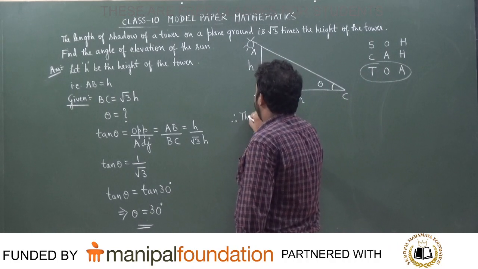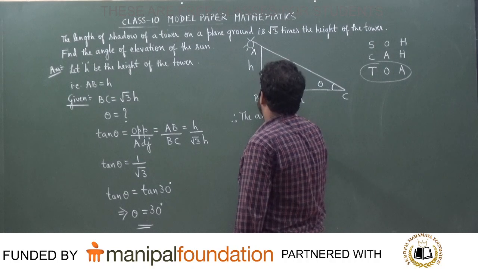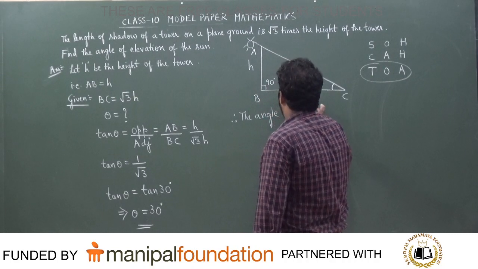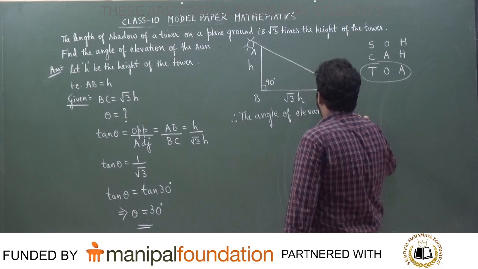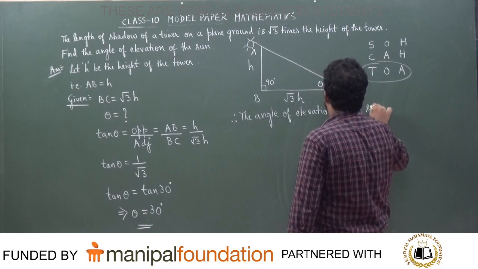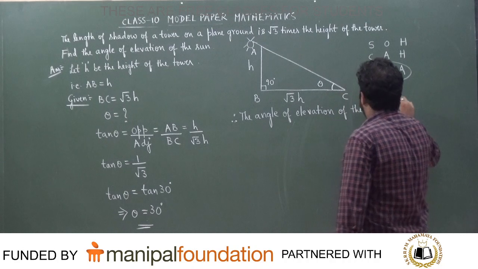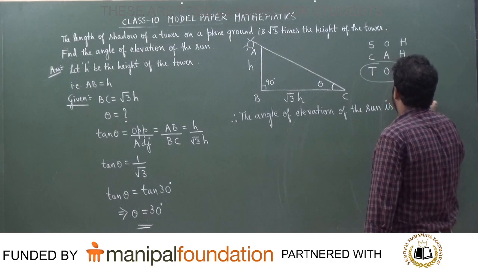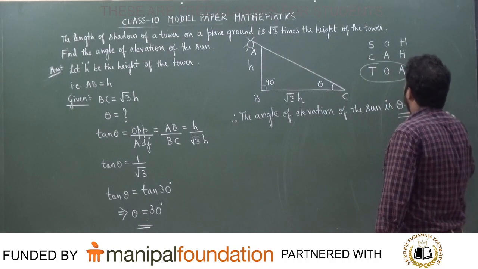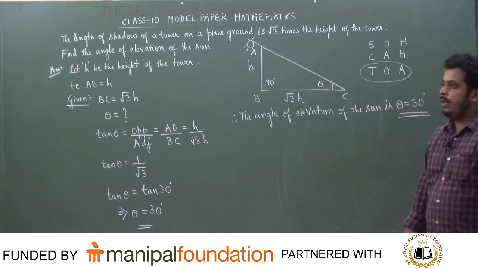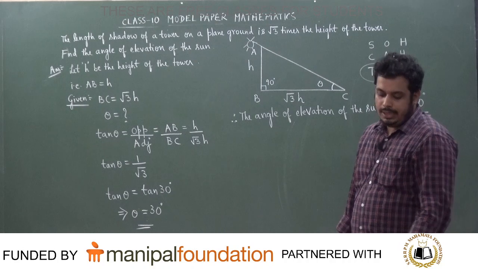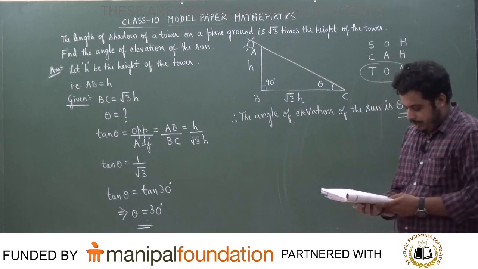Therefore, the angle of elevation of the sun is theta equal to 30 degrees. This is how the problem is to be written in the exam.